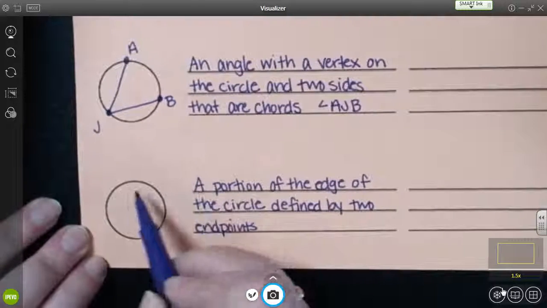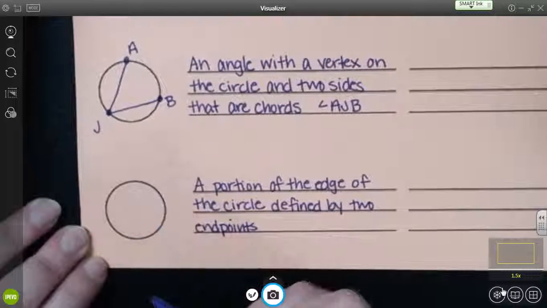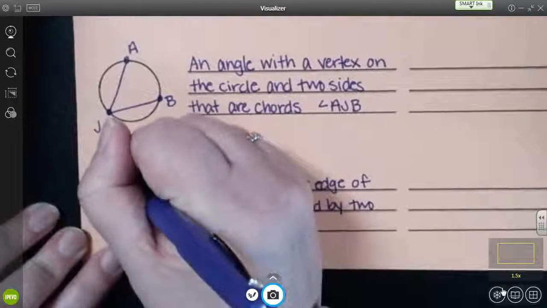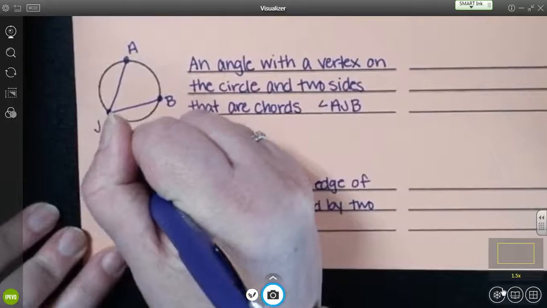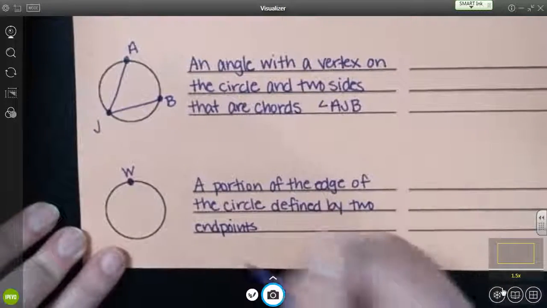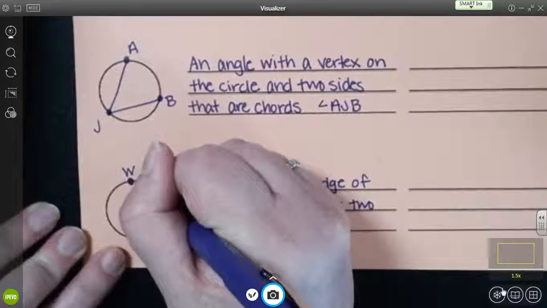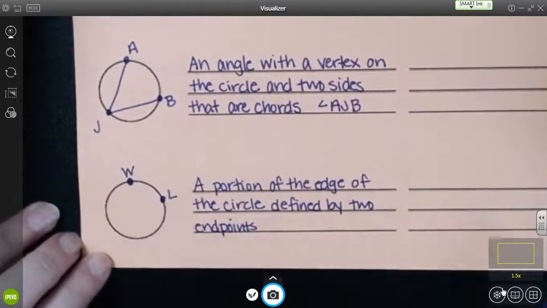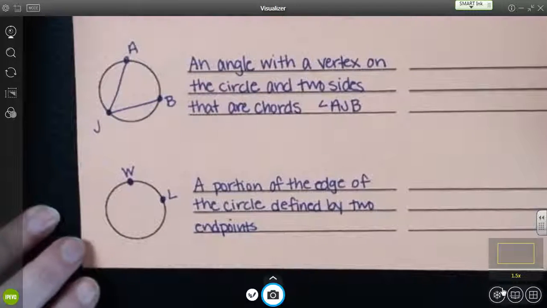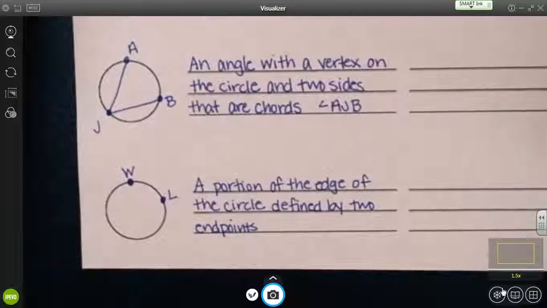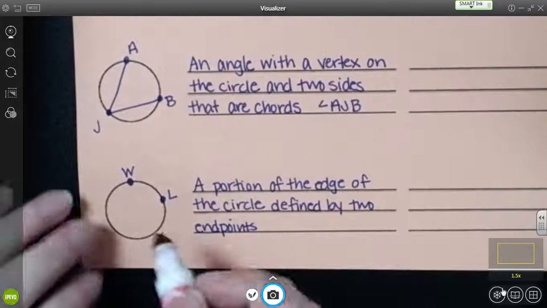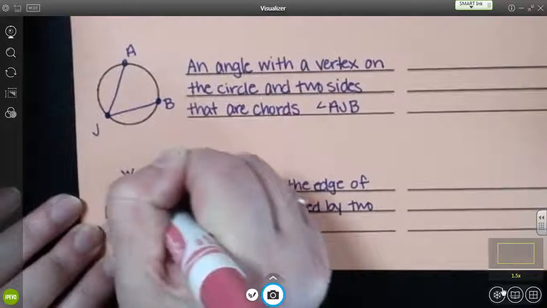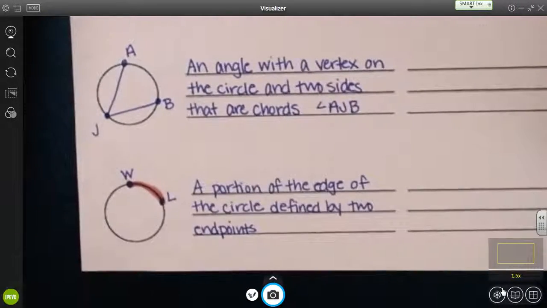So we're talking about a portion of the edge of our circle defined by two endpoints, meaning we have 2 points on the circle. Call one point W, the other point L. And we're talking about the portion between W to L, so right along the edge. Okay.